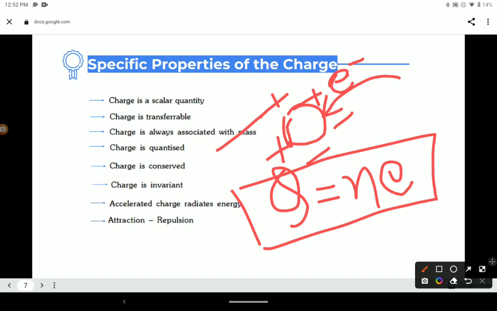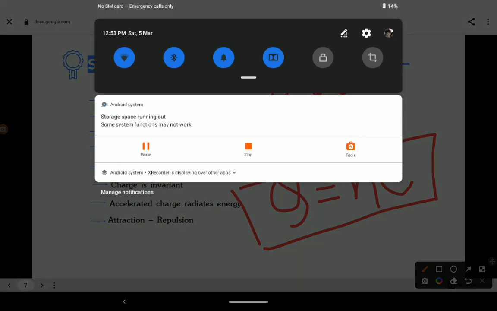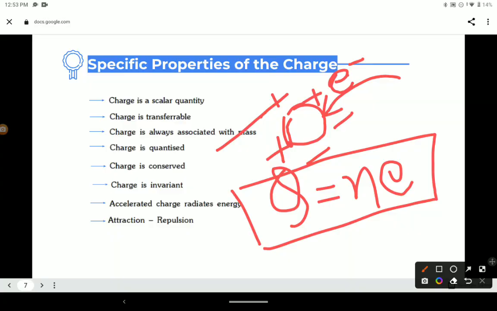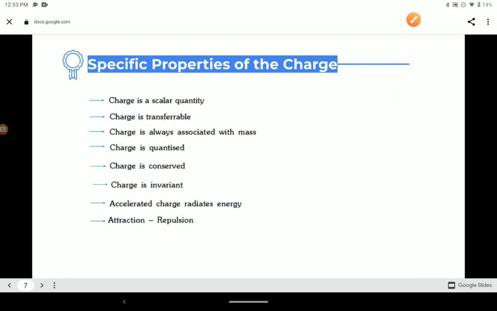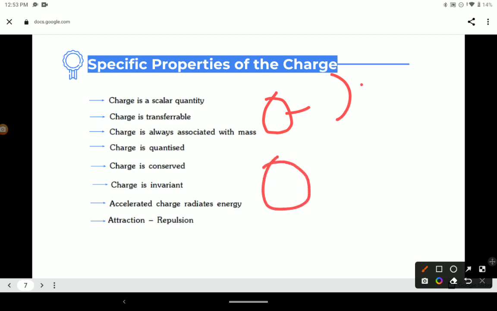So charge is invariant. Invariant means if a charge is going with some speed, and if it is accelerated to some more speed, will the charge change?